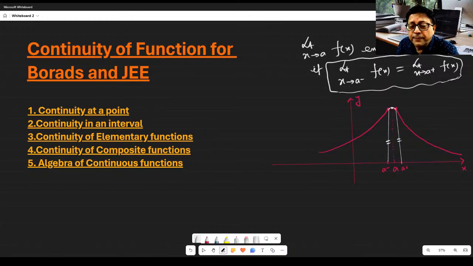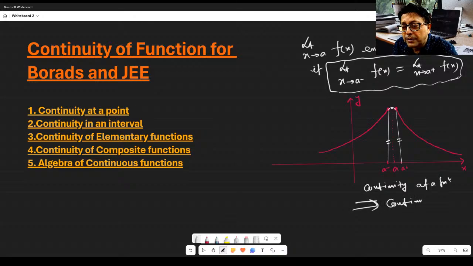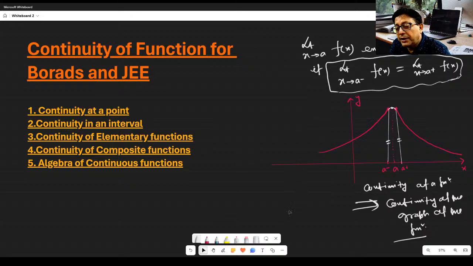So continuity of a function implies continuity of the graph of the function.